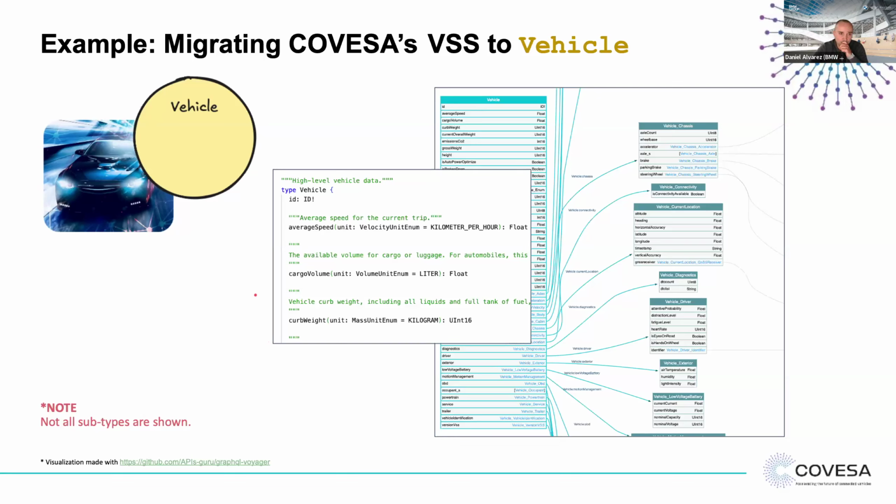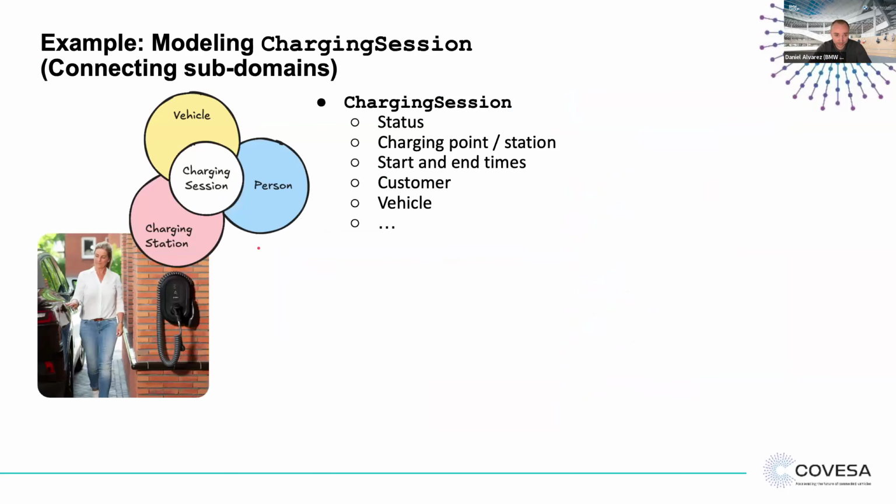Thanks. So the idea here is to just reuse existing VSS in the sense of, okay, I have the vehicle concept with all the components inside, or all the data that is basically generated mostly in the vehicle, and we can do that in this way.